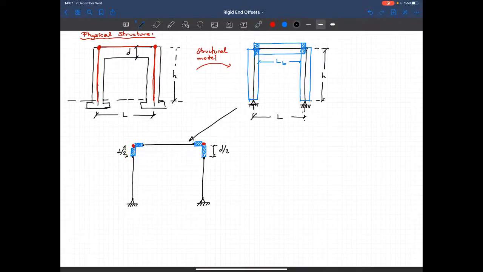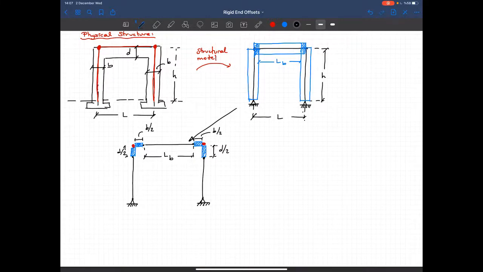Likewise, this distance is the flexible part of the beam, LB in our case, and in this type of modeling, I'm modeling the behavior of this portion as rigid, and if I say that that's the width of the column, let's call it B, then this length will be equal to B over 2. Okay, that's one way of doing it.